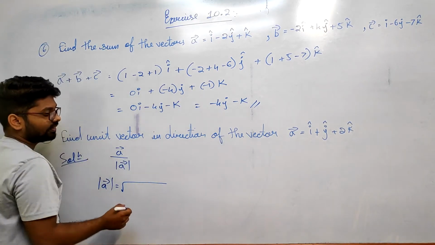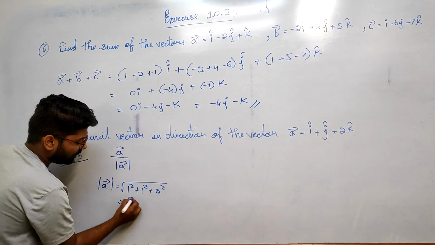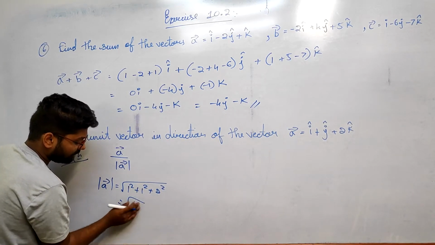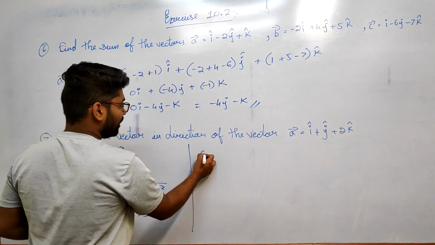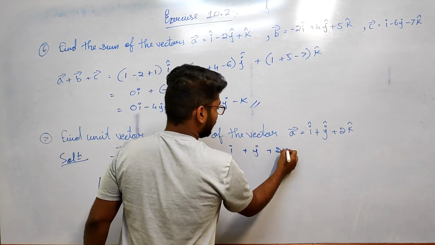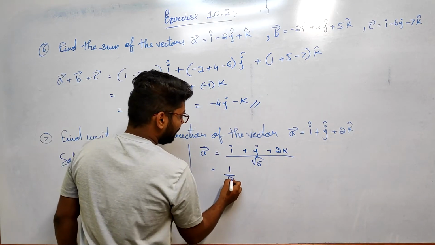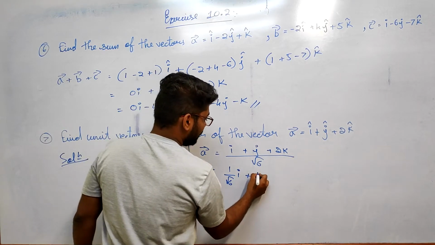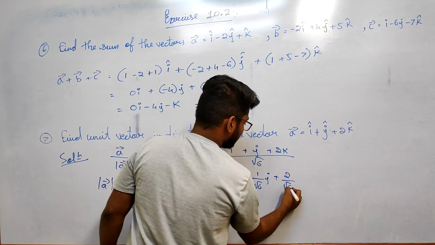Root of 1 square plus 1 square plus 2 square, which is nothing but root 6. We got root 6. So what is a bar over here? i plus j plus 2k, whole divided by root 6. Just split it: 1 by root 6 i plus 1 by root 6 j plus 2 by root 6 k.